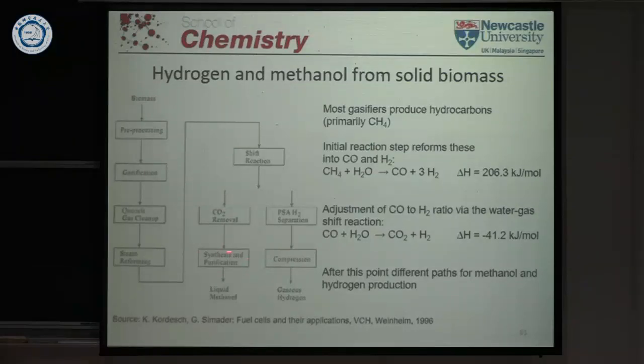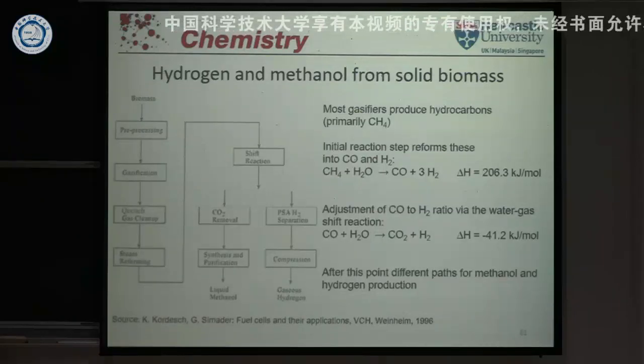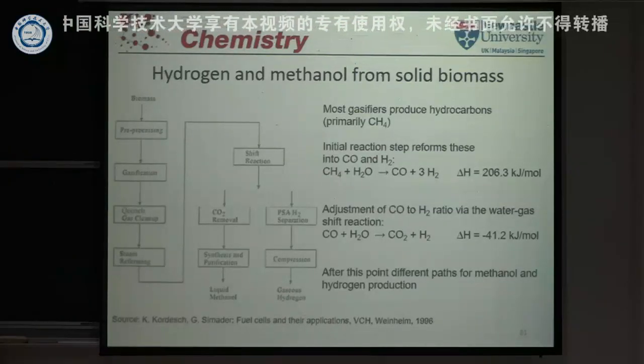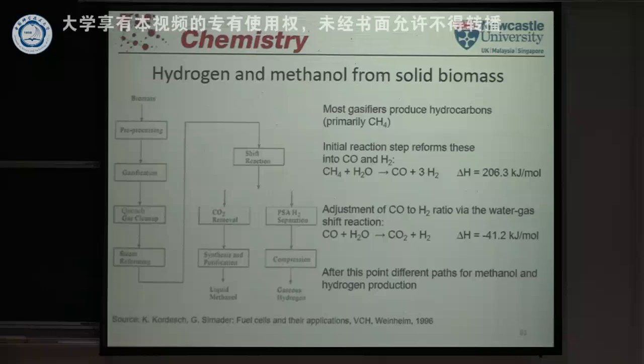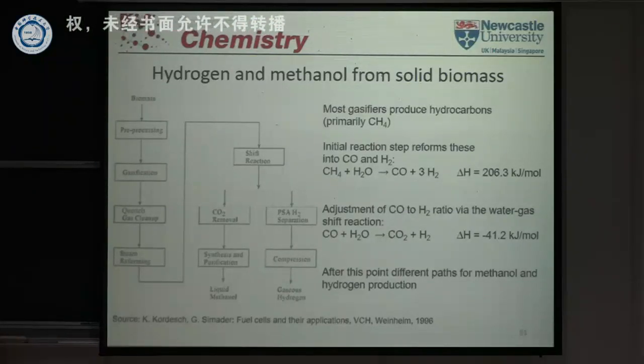And then you can go into a synthesis or purification, for instance, to make methanol, or after the separation, you go into compression and have hydrogen. But there are many more possibilities on the basis of biomass, and especially cellulosic biomass, which we'll have a look at later.